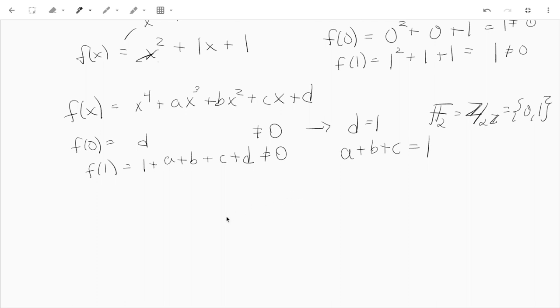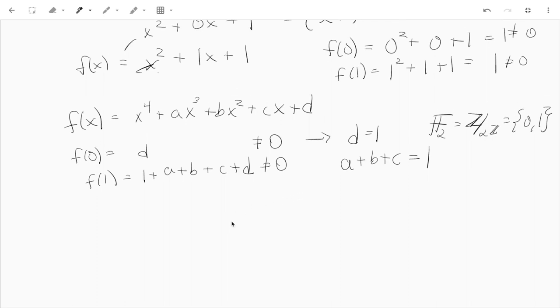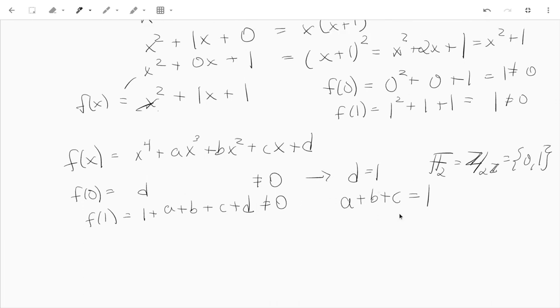So any coefficients that satisfy these will have no roots, and we just want to see, also we want to make sure that, oh sorry, I should rename this first one. Let's call it g. We also want to make sure that f of x is just not g of x squared. So now calculate g of x squared.